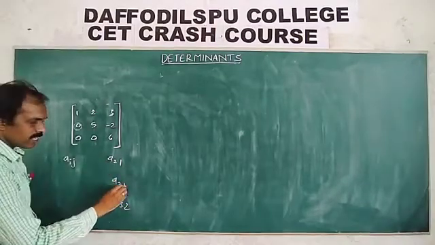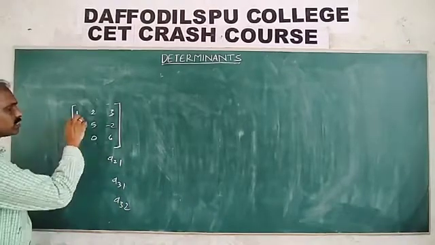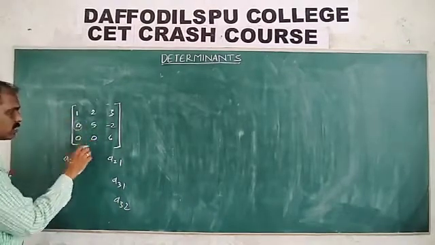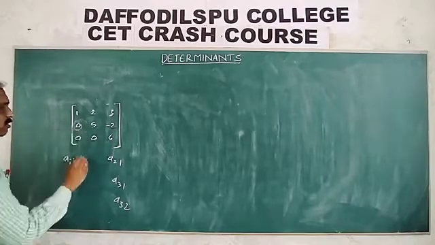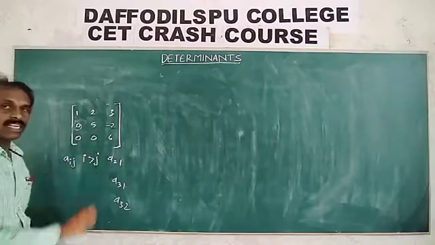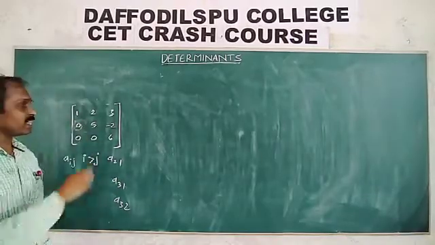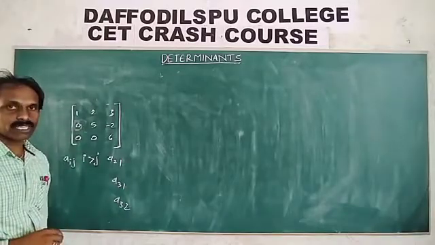Observe i, j. The condition is these are the elements below the diagonal, where i is greater than j. If the elements with i greater than j are 0, the matrix is called an upper triangle.